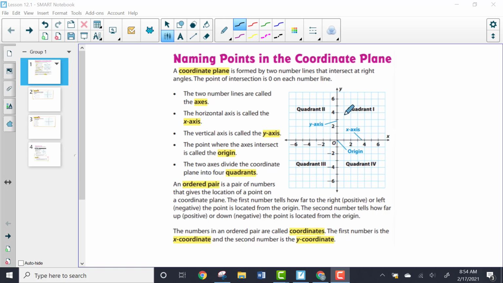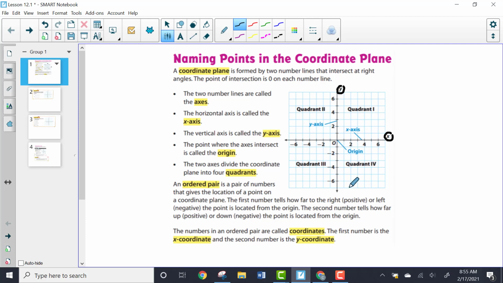The vertical is called the y-axis. So that's important to understand. So this is the y, you can see it's labeled right up there. And you can see x-axis is the horizontal one. The point where the axes intersect is called the origin. We already talked about that. And the number for the origin right there is 0.